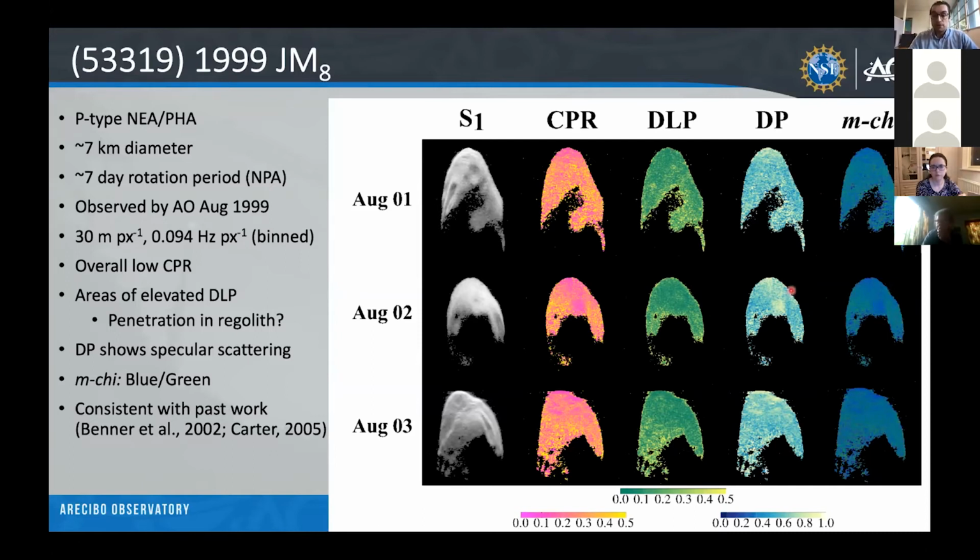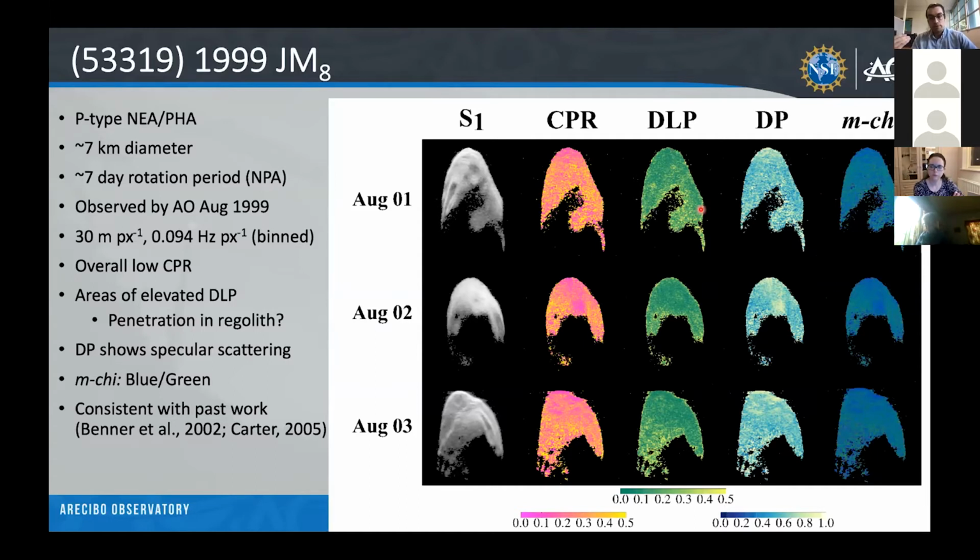That's mirrored here in the degree of polarization images, where specular scattering results in very highly polarized radar echoes. These regions of high polarization in the radar echo match very well with the regions of low circular polarization. There's very little linear polarization measured across this object. However, the values are still non-zero.